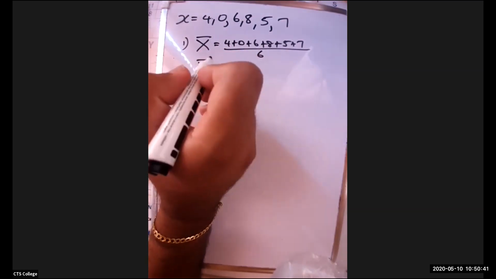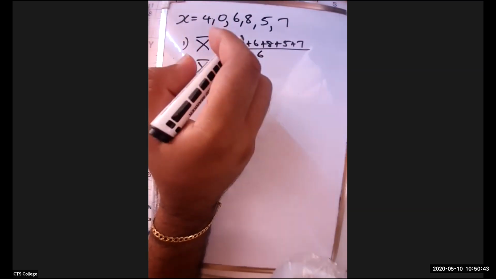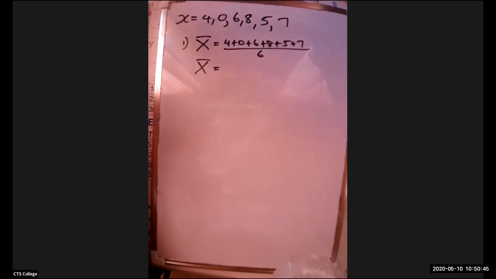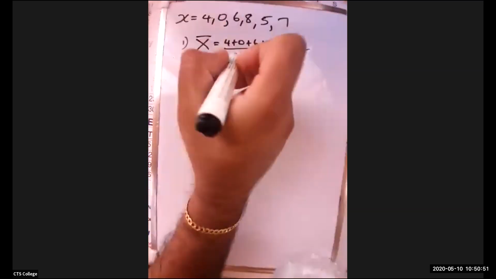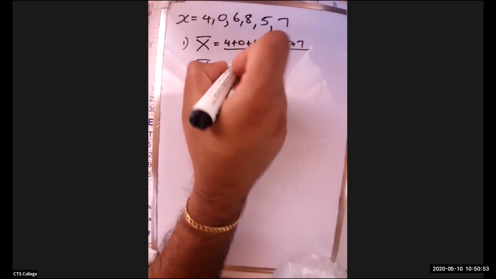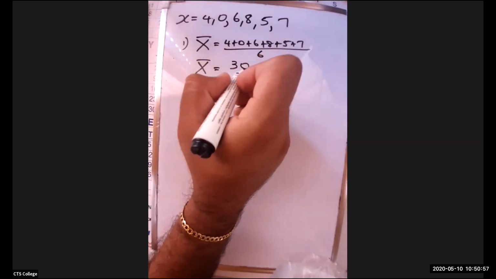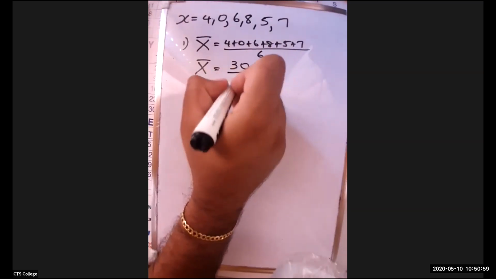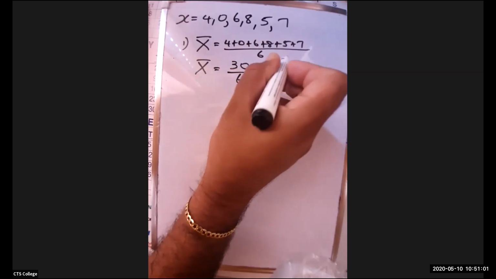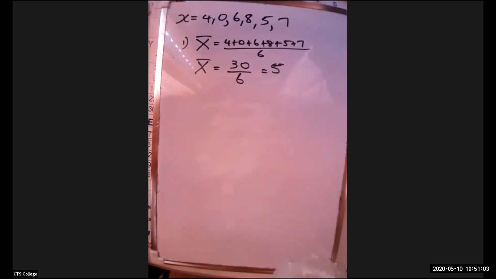Let's add it up. That's 30 divided by 6 is 5. So the mean is 5.